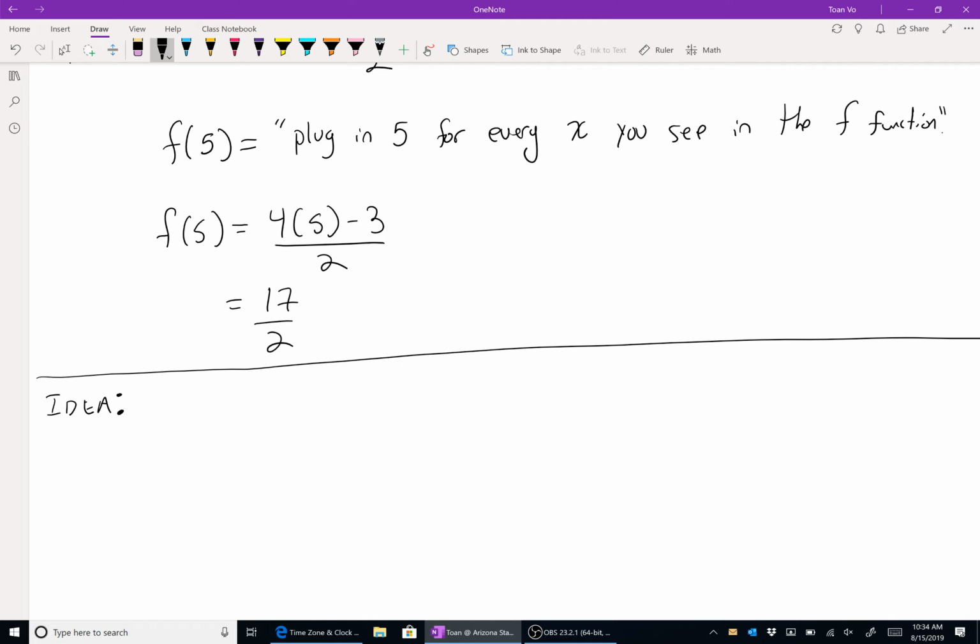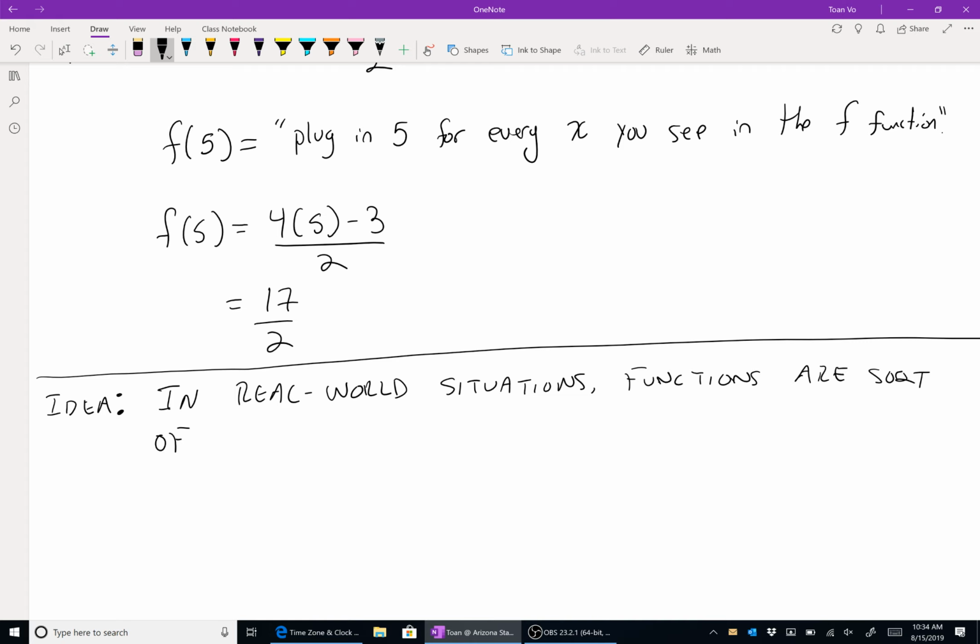So the idea is this. In real world situations, functions are sort of cause and effect relationships.